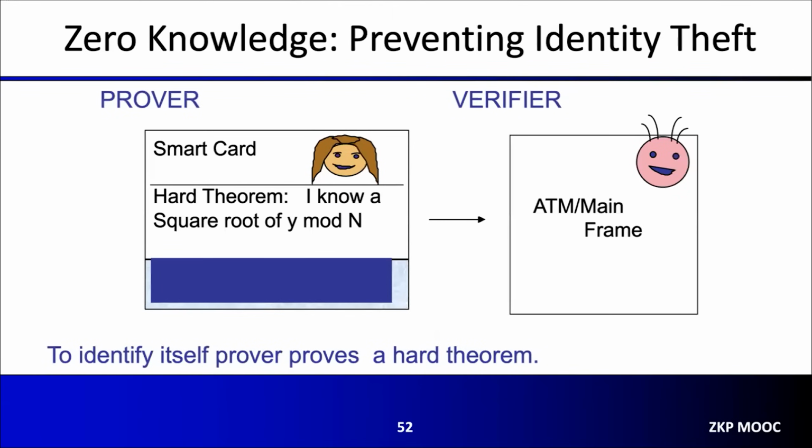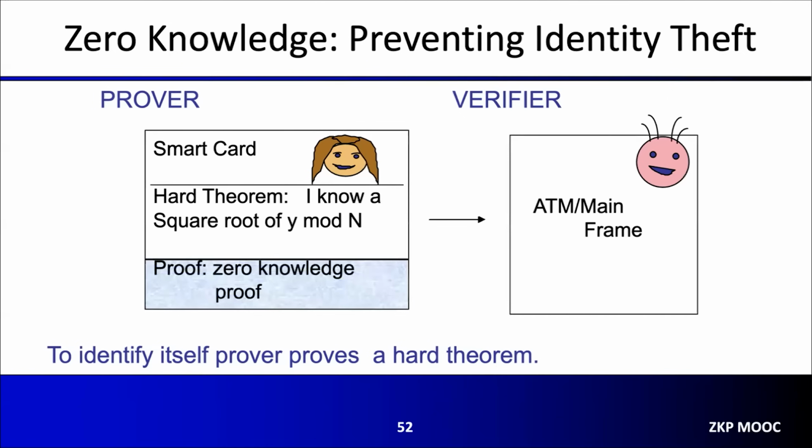Now we think about the password of Alice as knowing the proof of a hard theorem. So you can think of Alice as someone who takes an X, squares it, calls that Y, and says, hey, I know a square root of Y mod N. That's a hard theorem, but whoever knows it, that's Alice. How does she convince Amazon, a mainframe, an ATM, someone who just wants to know that Alice is the right person, but shouldn't really know Alice's proof for the hard theorem?